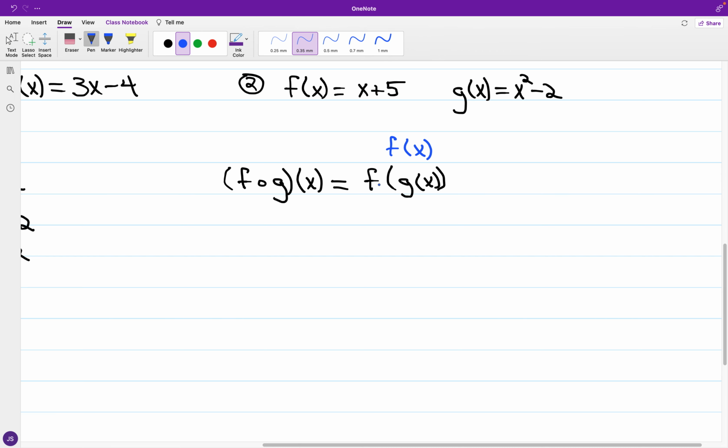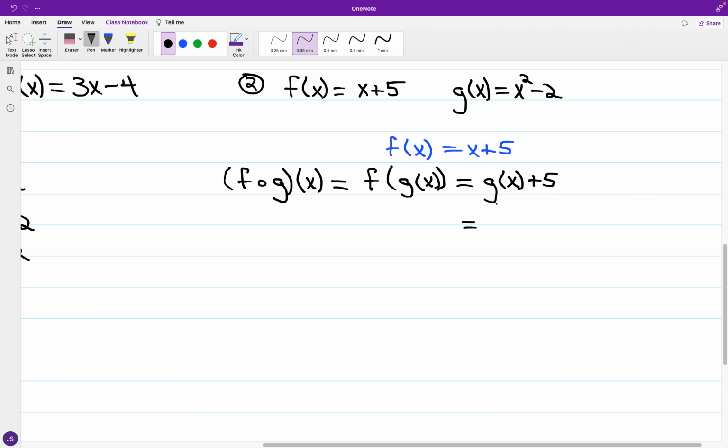So going with that reference, you have f of x: f of the input is equal to the input plus 5. Guess what? For the input g of x, then we have g of x plus 5.